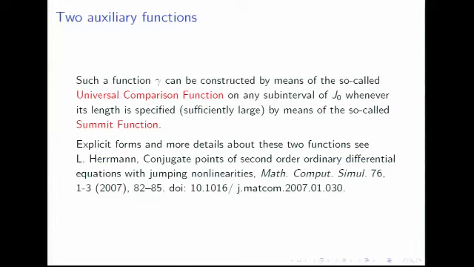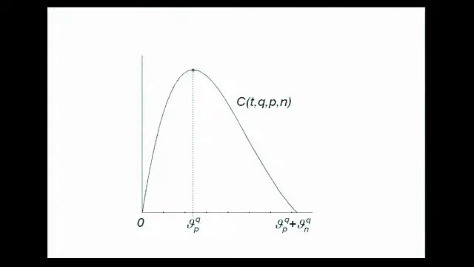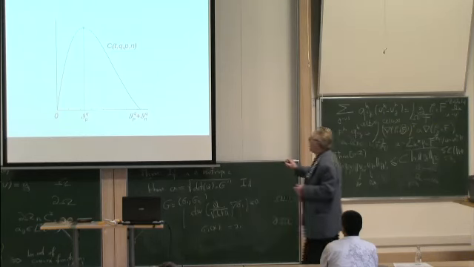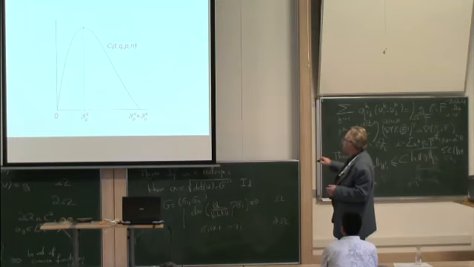Explicit forms and more details about these two functions can be seen in this article, and here we can see the form of the universal function, which defines the function gamma. 0, 0, the derivative is here positive, here negative.